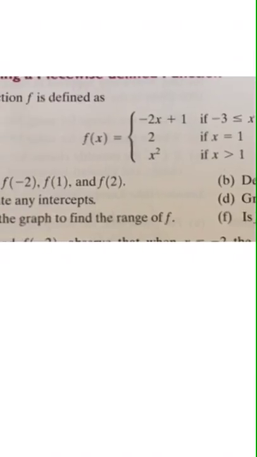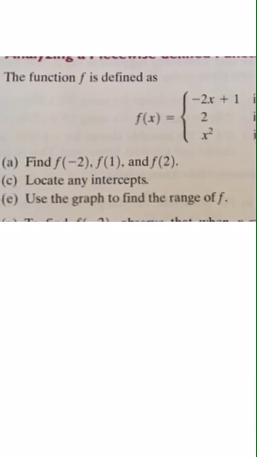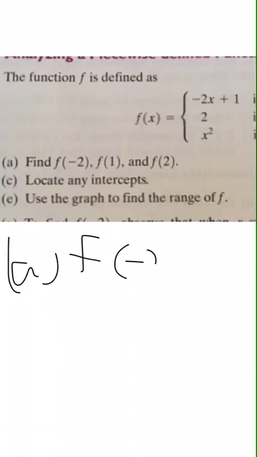Alright, and part A is find f of negative 2, f of 1, and f of positive 2. So f of negative 2. Negative 2 is contained in the first interval, the one from negative 3 to positive 1. So you plug negative 2 into the first equation, negative 2x plus 1.